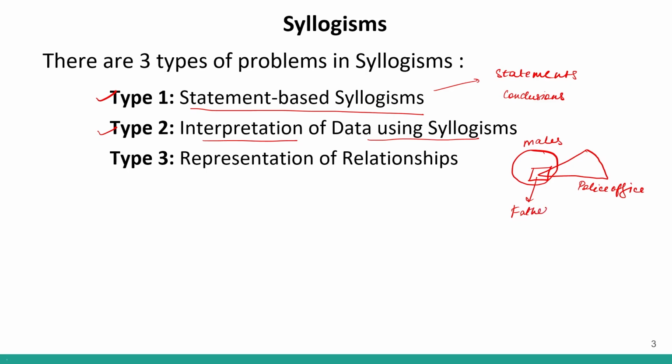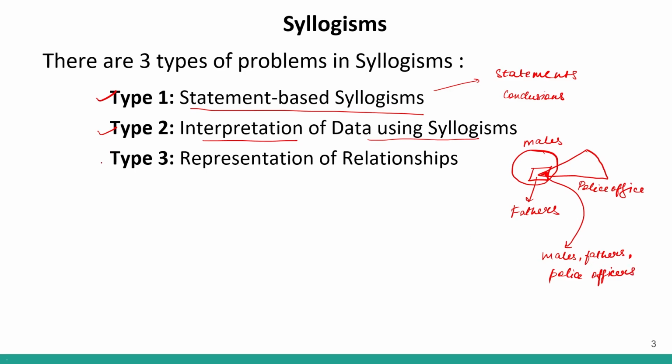If I have to tell which area will represent the data that males who are fathers and are also police officers, we have to look at an area which has the circle, the square and the triangle. So this area will be the area in which there would be males that are fathers and that are also police officers, correct? These kinds of questions come in your interpretation of data using syllogisms.